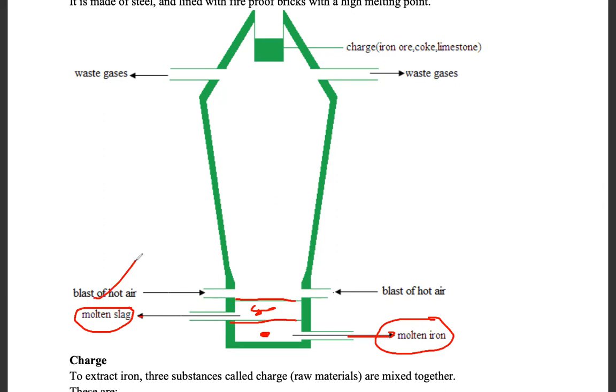But this impurity, the molten slag, you don't throw it away, because it has uses. We will come and discuss them later when we look at the molten iron that we get: where does it go, and what uses do we have for it? Then we'll also look at the uses that we have for slag.